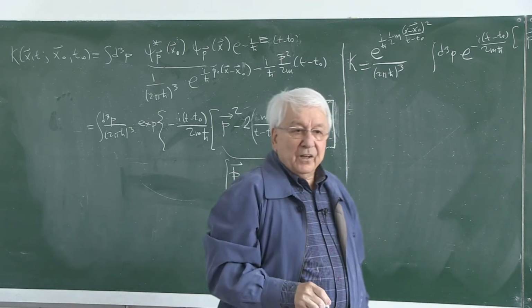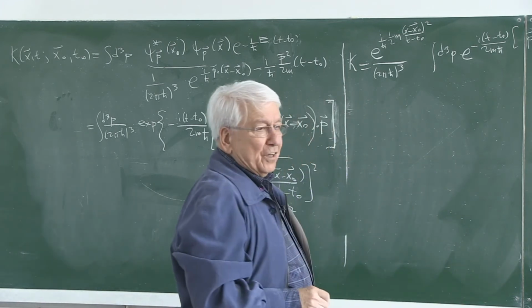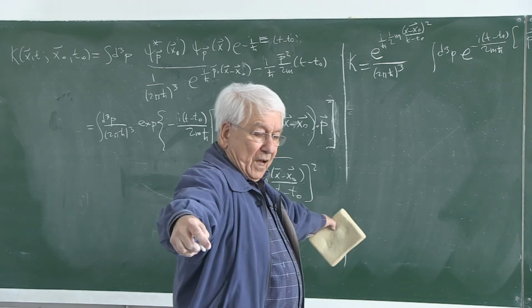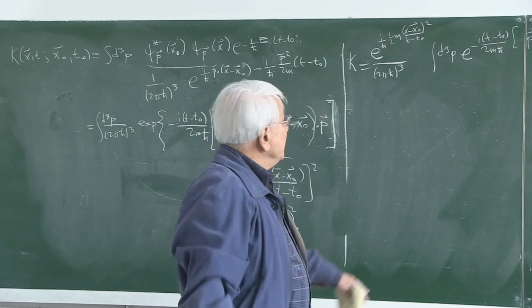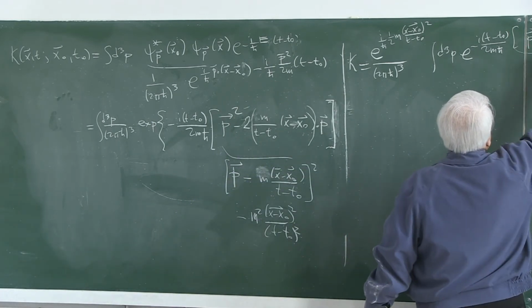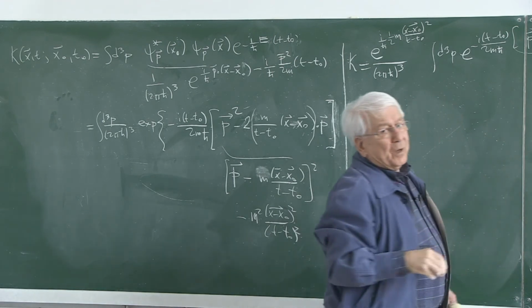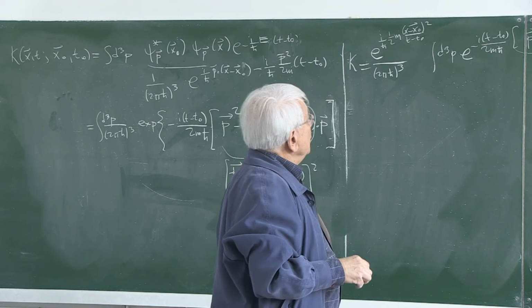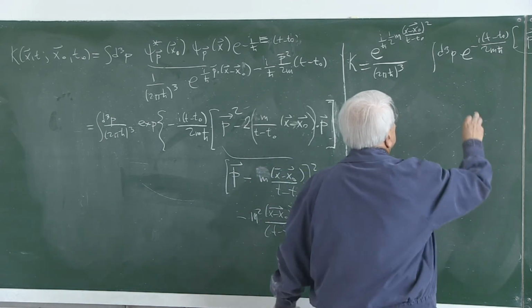Yes, because the integrals of p are from minus infinity to plus infinity. It covers the entire spectrum in my x direction, y direction, z direction. So if I redefine this, call this q. p minus something which doesn't involve p is called q. So d cube q is the same as d cube p.